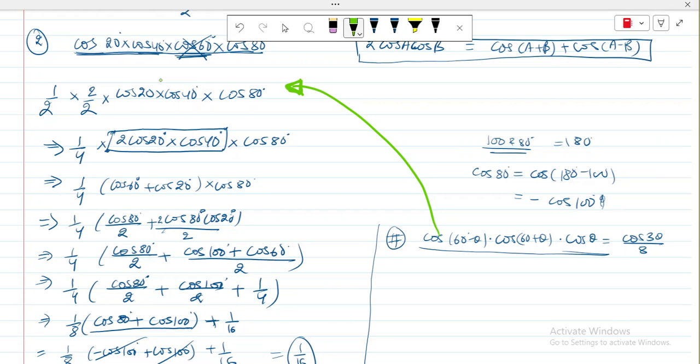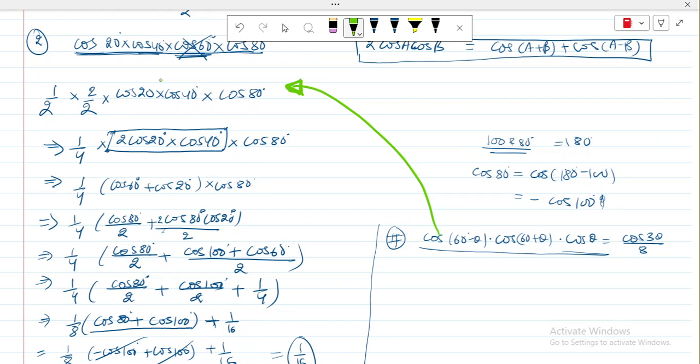So can we use that formula, cos theta, cos 60? Can we apply that formula? So you have to check 60 degree, no? So 60 degree is what? Pi by 3, very good.